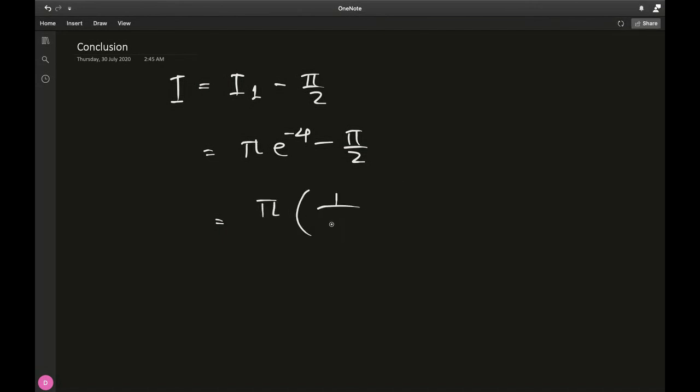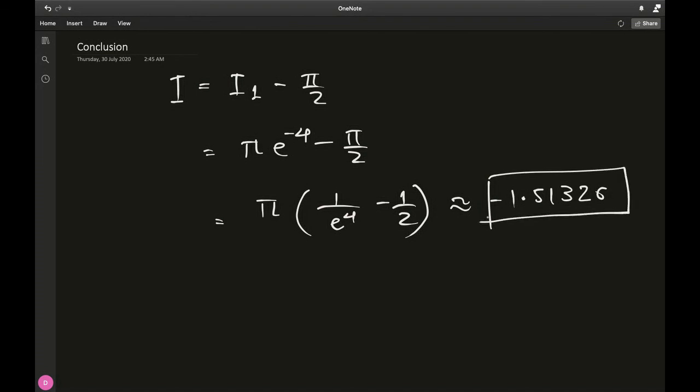We have 1 over e to the 4 minus 1 half, which has an approximate value of negative 1.51326. And this is in turn equal to the integral from 0 to infinity of x squared minus 4 over x squared plus 4 times sine of 2x divided by x dx.